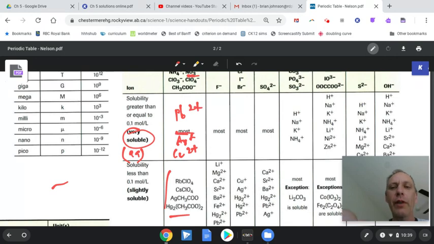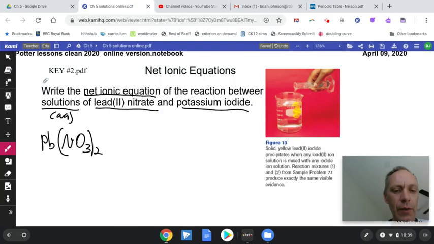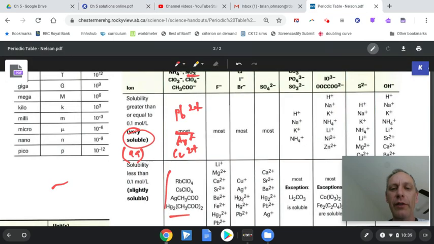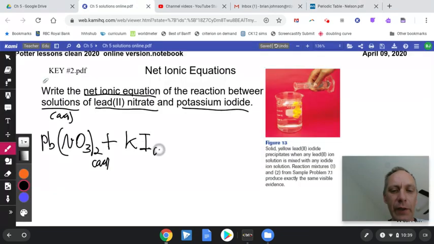Okay, so that one's aqueous, reacting with potassium iodide, K plus, I minus, one of each. And I look up solubility on that one as well. Here's my I minus, K plus is not there, so it's in the most. Okay, K plus, aqueous.